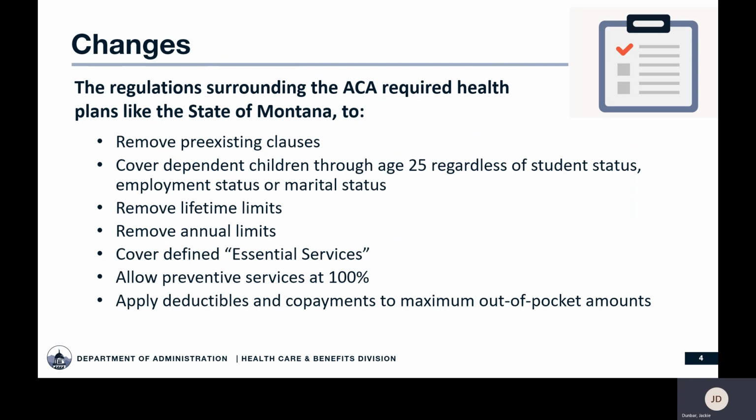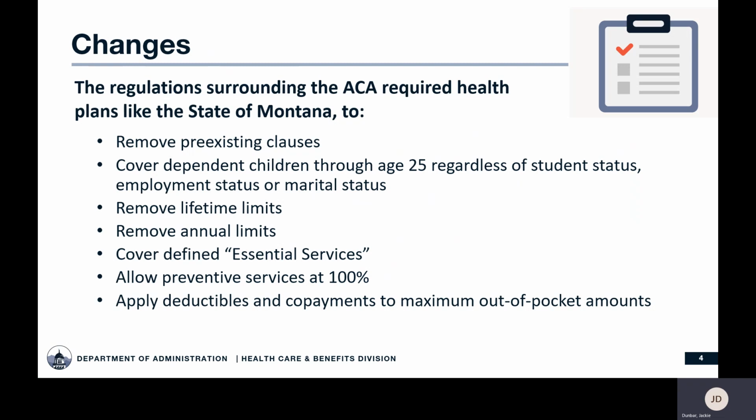Prior to the ACA, the state plan would exclude pre-existing conditions for the first 12 months when an employee became covered on the state plan, unless the member could provide proof of creditable coverage from another health plan. The state plan no longer has pre-existing waiting periods. Dependent children were only allowed to stay on the plan through age 22 and could not remain on the plan if they had health plan coverage or were married.